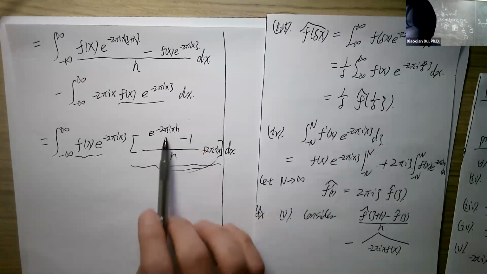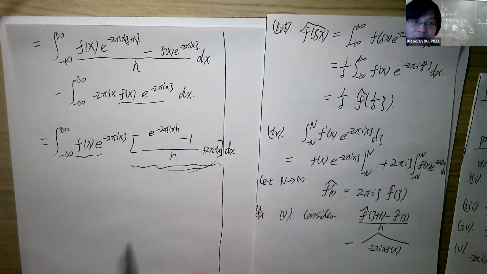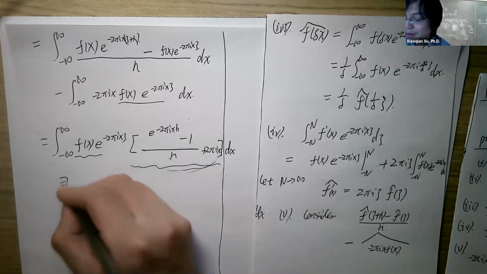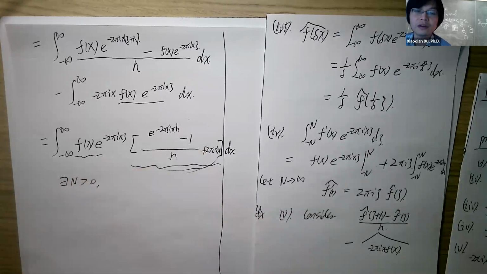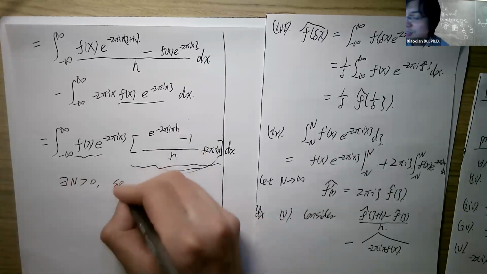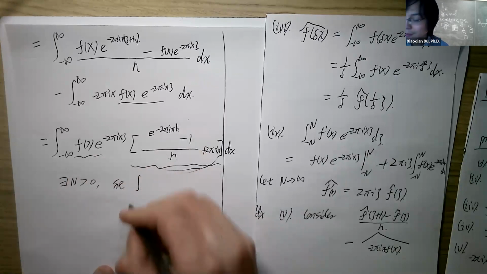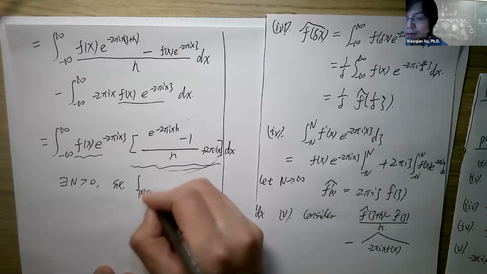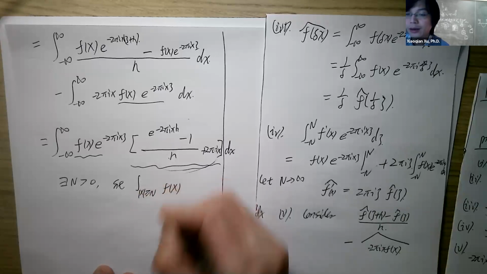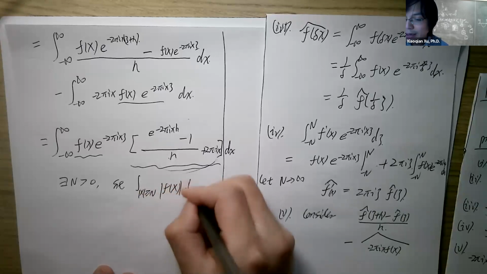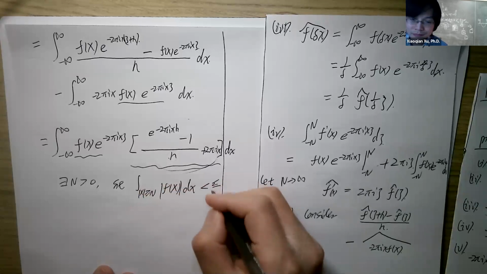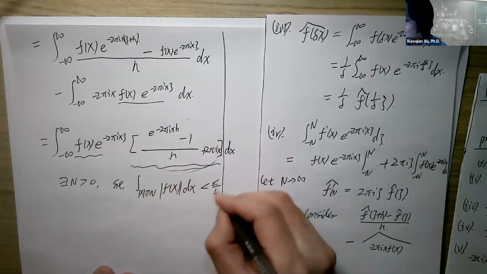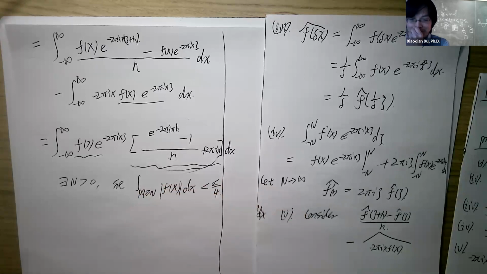But if we can bound it by x, then we can take h to be small enough. So we can argue it similarly as we did before. There exists some n bigger than 0 such that the integral over x greater or equal than n of f(x) dx is less than, say, 1/4 epsilon.